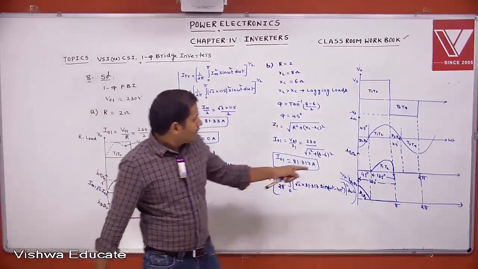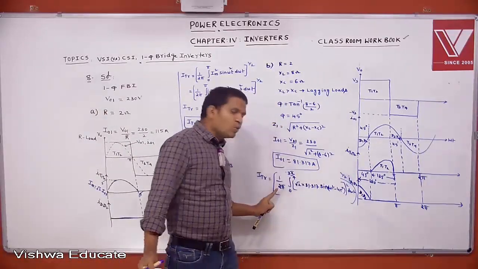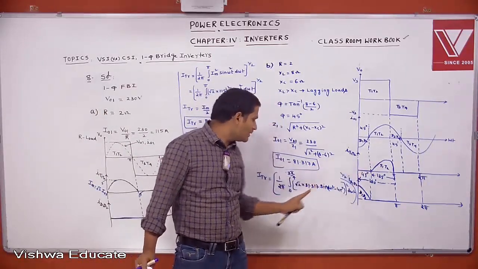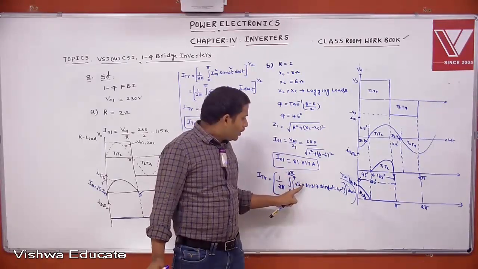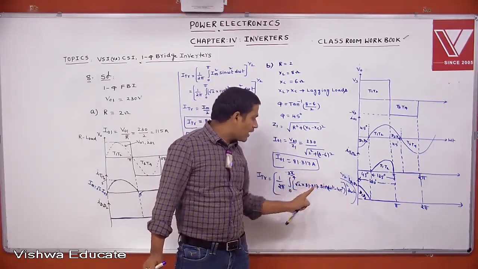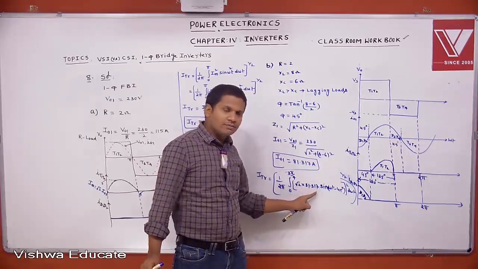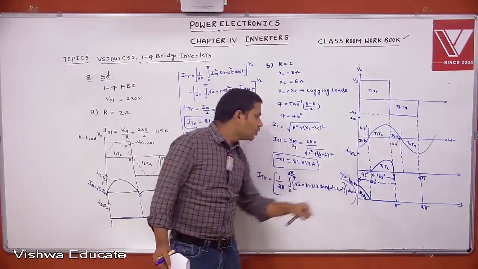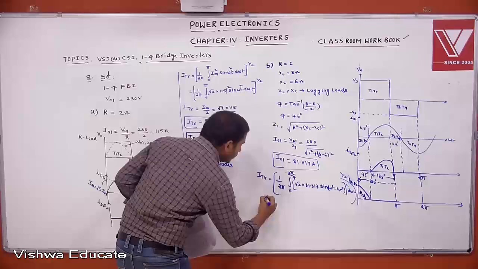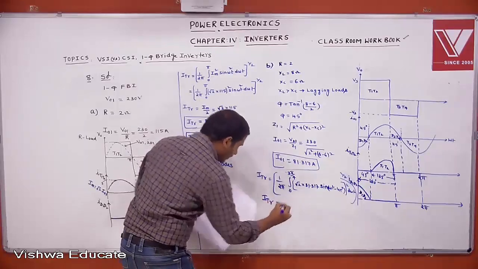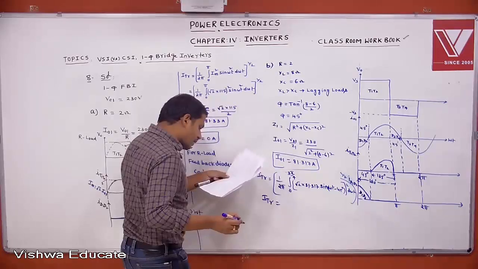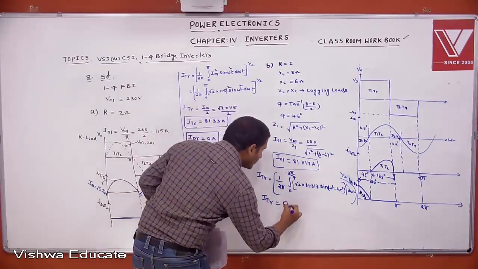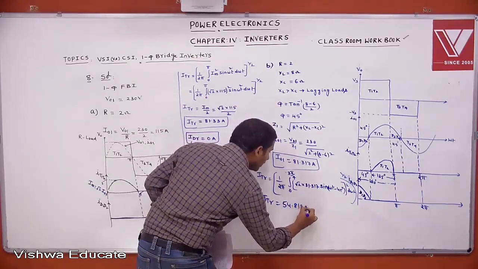Very simple. One pulse, time period is 2 pi. How much angle it is conducting? 135 degrees. 0 to 3 pi by 4. Im sin omega t whole square. Im means root 2 into I01 whole square d omega t, whole to the power of 1 by 2. Then you do this one. Simplify. We can get the RMS value of thyristor current equal to 54.818 amperes. By simplifying this we can get 54.818 amperes. That you do.